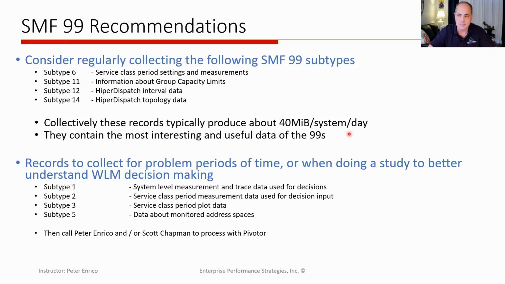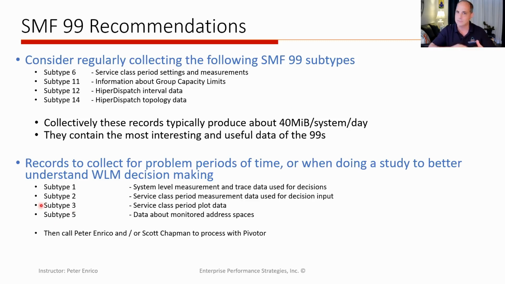Additional records you may want to collect: I always like getting the SMF 99 subtype 1s and 2s at a minimum because I like looking at what's happening on a system basis and on a period basis every 10 seconds. These are quite useful for debugging. I do a lot of WLM analysis, so I find them very useful to help me debug things or help a customer understand what's going on in their environments. Subtype 3, I like cutting only because I like looking at the plots.